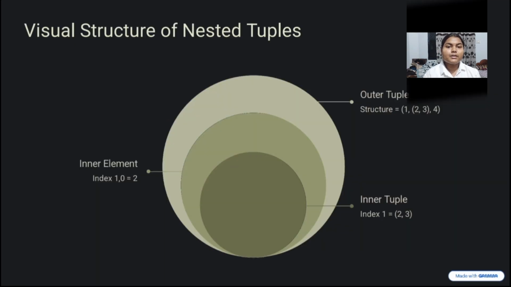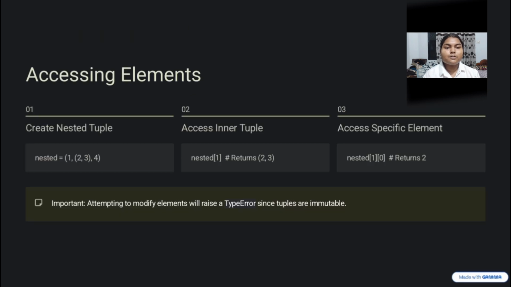In this slide, you can see the visual structure of a nested tuple. Consider this tuple. Here, index 0 is 1, index 1 is (2, 3), this is the inner tuple, and index 2 is 4. If we want to access specific elements, nested[1] gives (2, 3) and nested[1][0] gives 2.